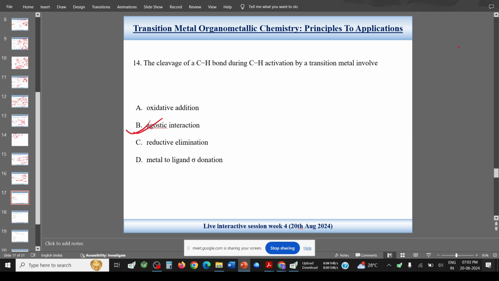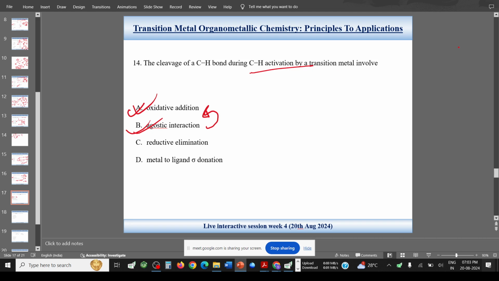So agostic interaction is giving rise to oxidative addition. Then these are the two consequences of C-H activation by the transition metal.